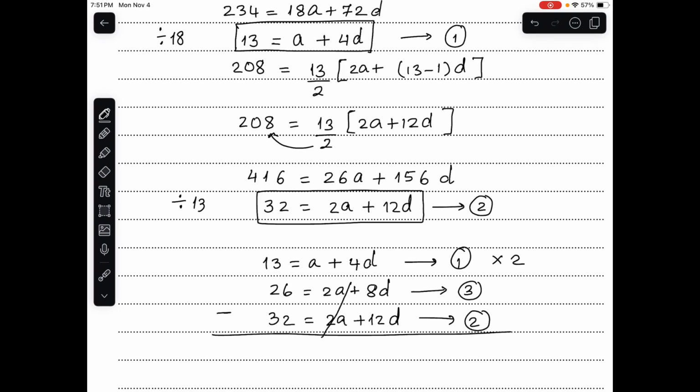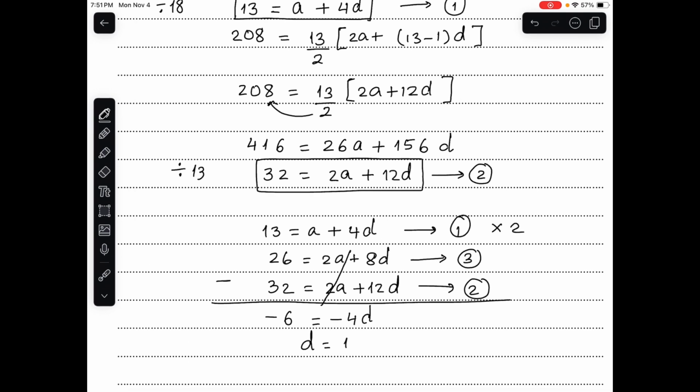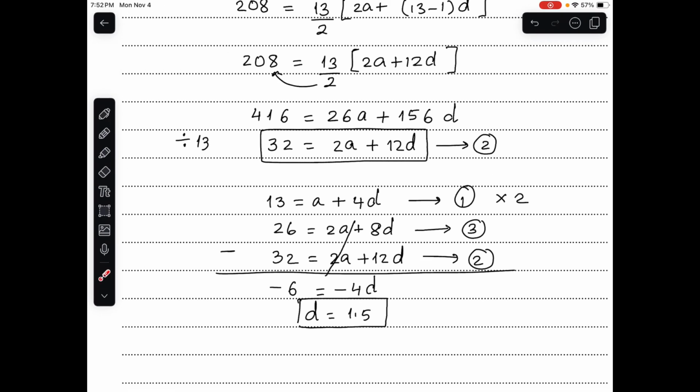26 minus 32 gives you negative 6 equal to 8d minus 12d, which is negative 4d. Divide by negative 4, negative 6 divided by negative 4 gives me positive 1.5. And now I'm going to substitute this value of d in one of the equations, either this one or the previous one. Doesn't matter which one you choose.